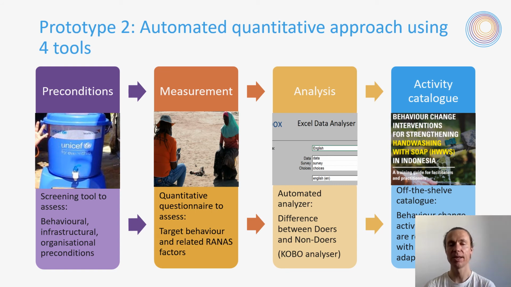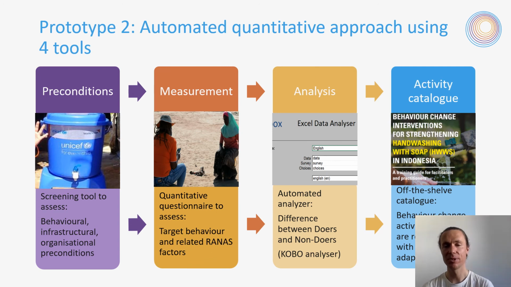So the data would be generated and directly and automatically analyzed. And this would then give us the difference between the doers and the non-doers, and thereby identify the behavioral factors that the intervention should focus on. So this means that this approach is data-driven and evidence-based.